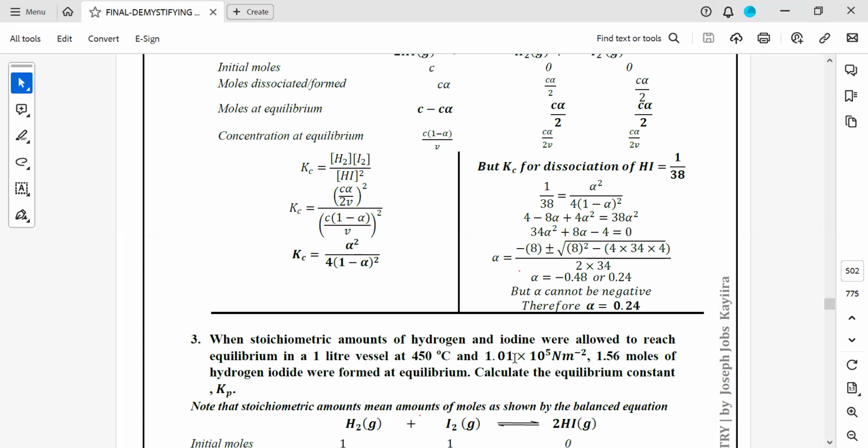So we have the number of moles of hydrogen iodide formed at equilibrium. But our initial number of moles for hydrogen and iodine are 1 and 1.